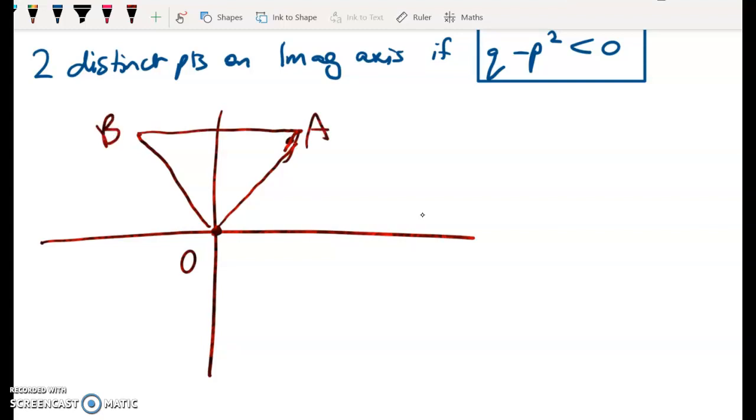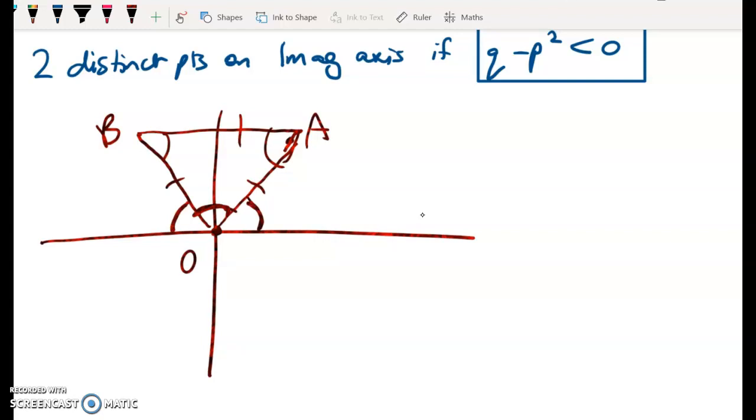Right, what do I know about equilateral triangles? I can either work with the lengths or I can work with the angles. So if this angle here is 60, then this angle here is also 60, and so is this one.